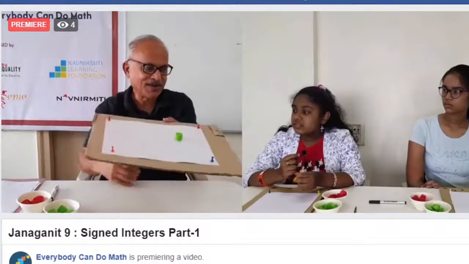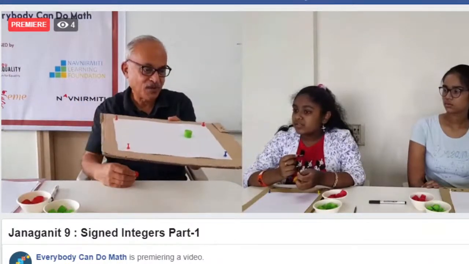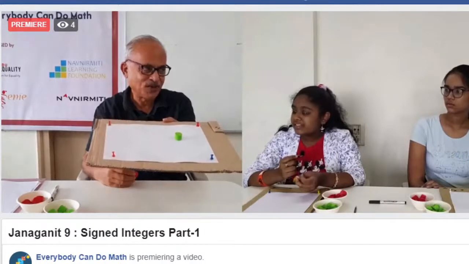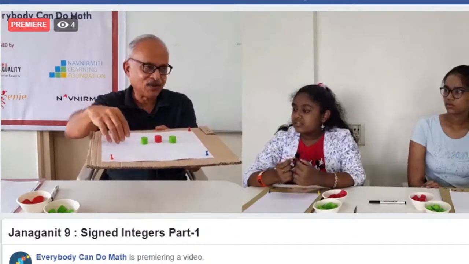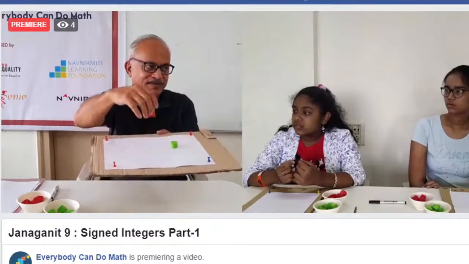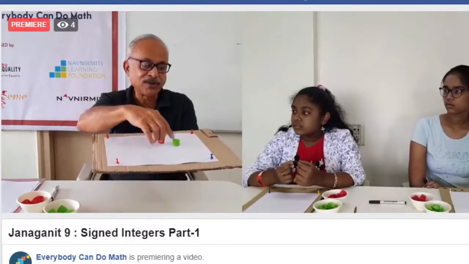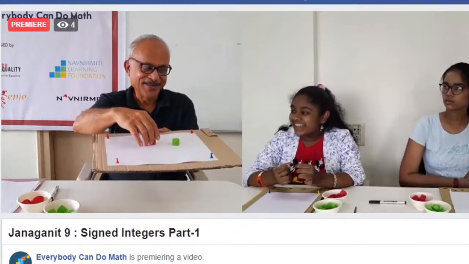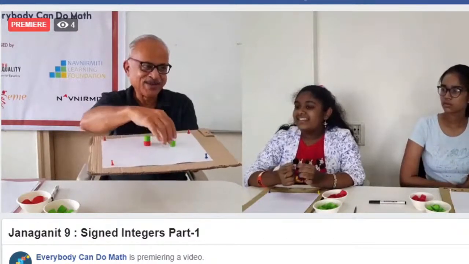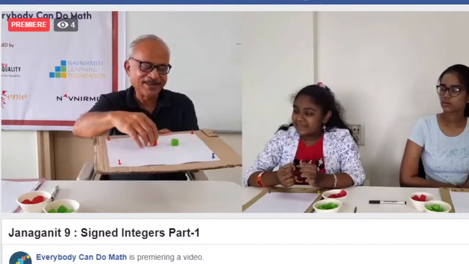What is this worth? You said 1 rupee. How much is this now? 1 rupee. So if this is 1 rupee, and if this is worth 1 rupee, then this must be 2. If this is 2 and this is 1, let's come again.